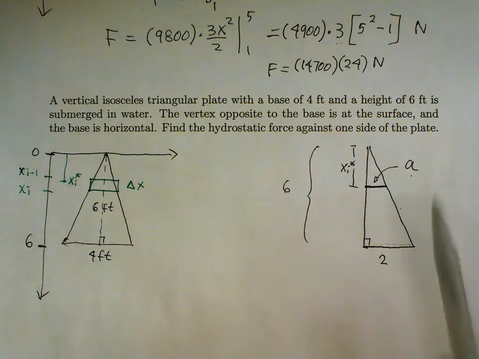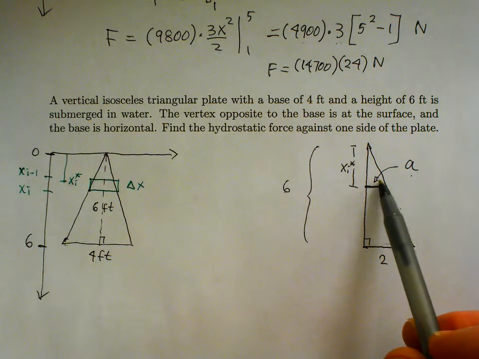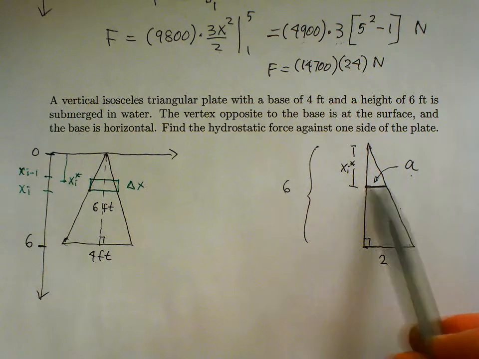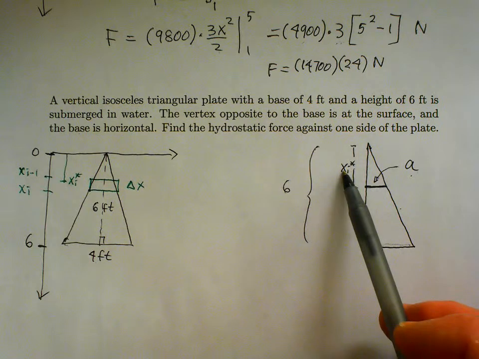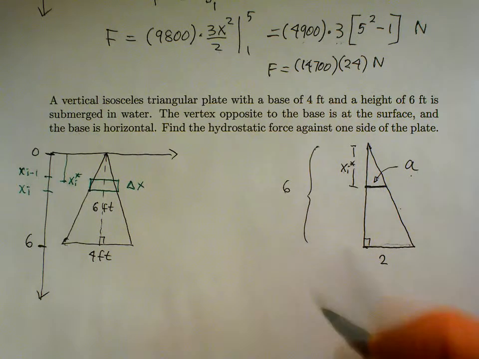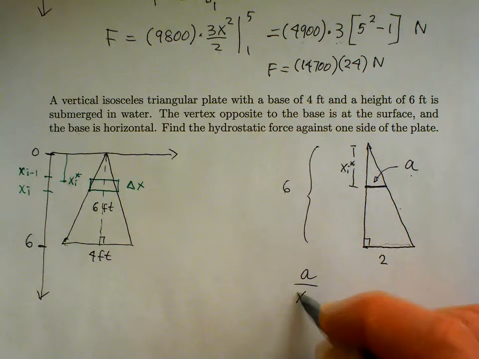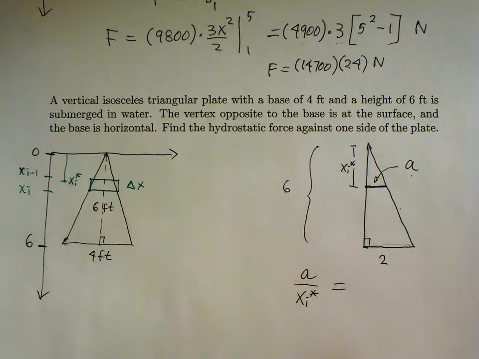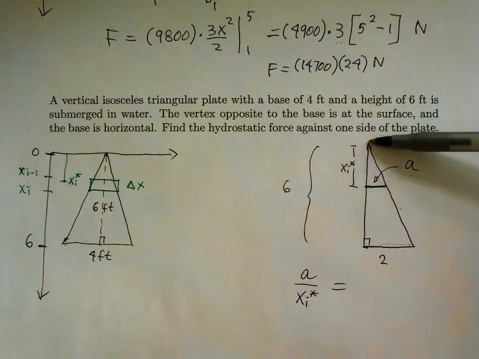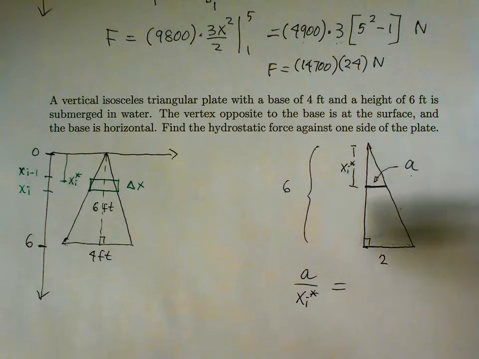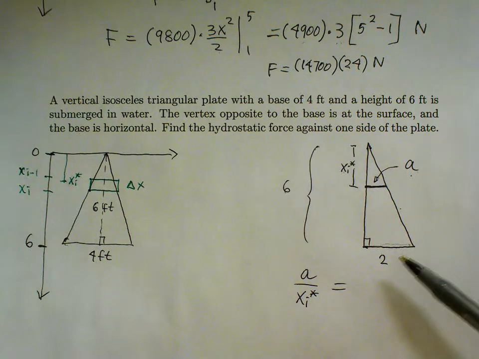So we can use similar triangles. In the small triangle, the horizontal side is A, the vertical side is x sub i star. So the ratio A divided by x sub i star, what does that equal? Well, in the large right triangle, which is similar to the small one, the corresponding sides are 2 divided by 6.